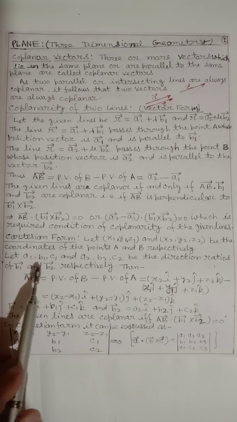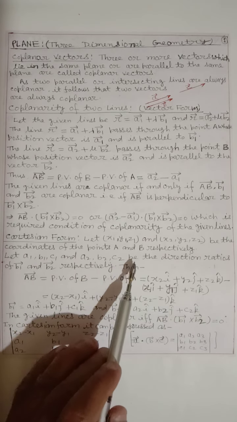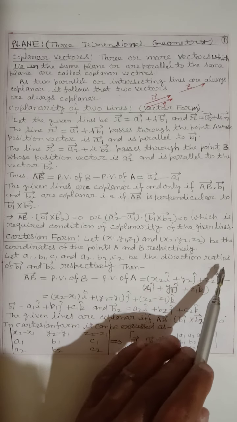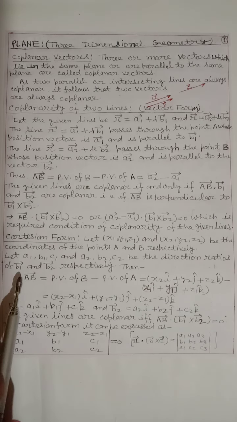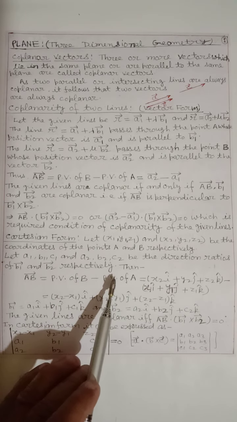Let a1, b1, c1 and a2, b2, c2 be the direction ratios of vector b1 and vector b2 respectively.